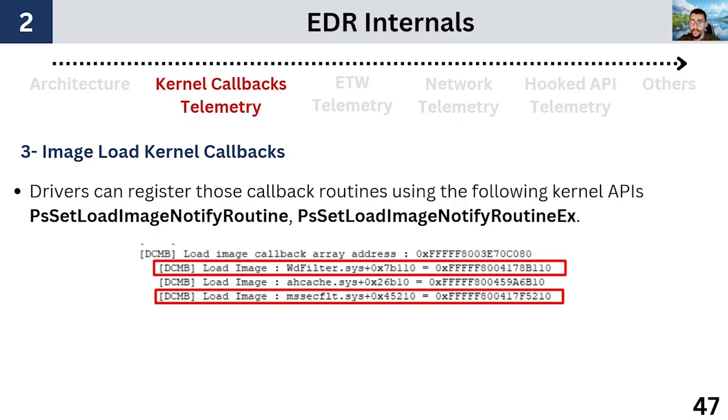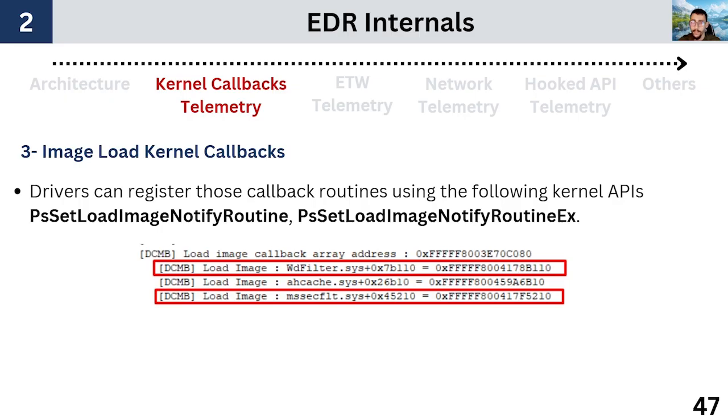In Windows, drivers can register image load callback routines using the following kernel APIs: PsSetLoadImageNotifyRoutine or PsSetLoadImageNotifyRoutineEx. In this example, we are using the DCMB open source driver to collect image load events.